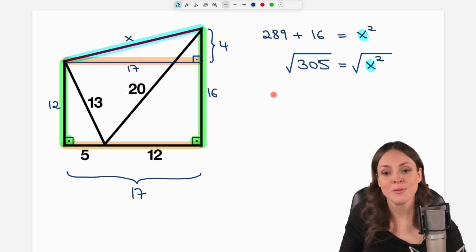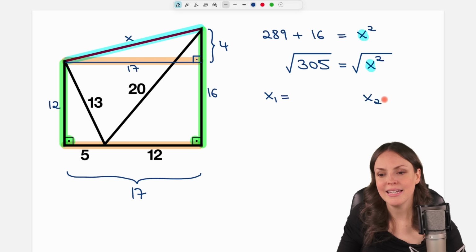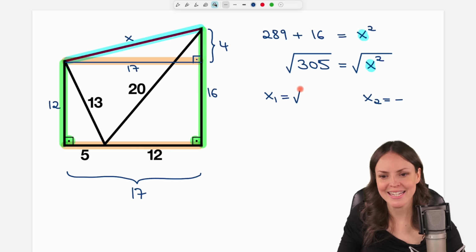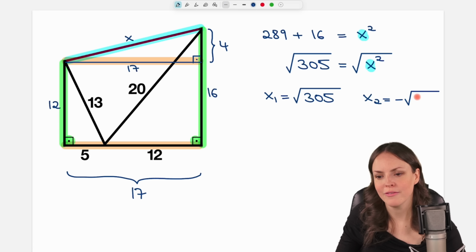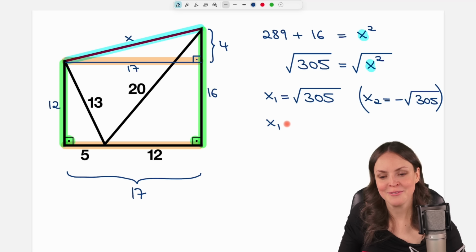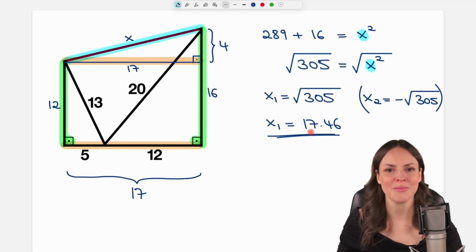So for our x, we get a first positive solution and a second negative solution again. The square root of 305 is not so easy to calculate in your head, so we just take this as the exact solution here, the negative square root of 305 as well, but we know we won't use it. This is our result, and if you want to calculate it with a calculator, we get a result of 17.46, and we solved this problem.